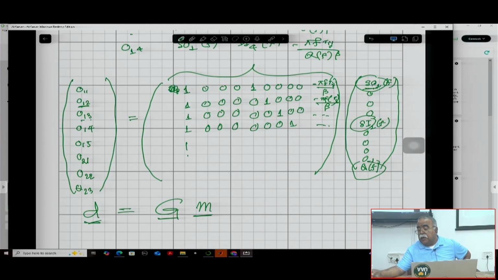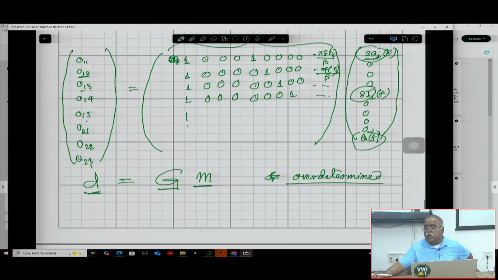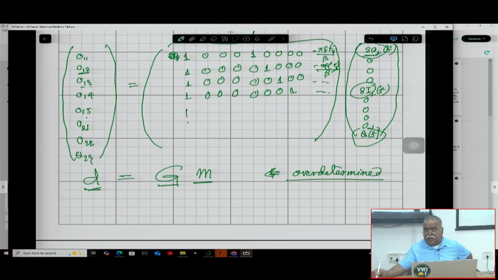But you have a lot of equations because you have a lot of recording data. So this matrix is an overdetermined matrix. This matrix you cannot solve by taking an inverse directly, because this is not a square matrix.